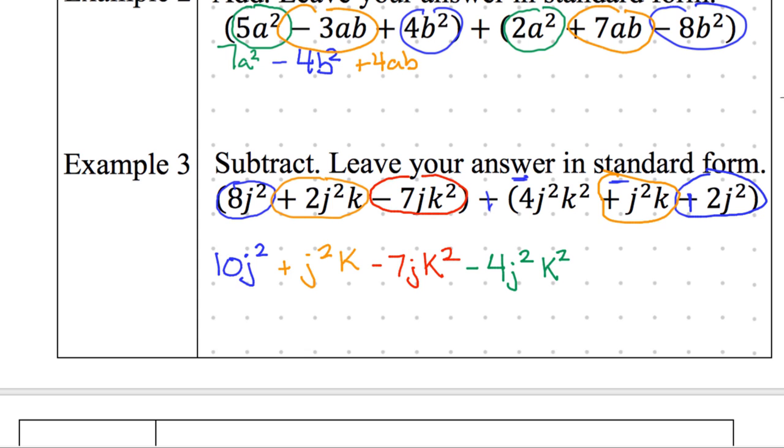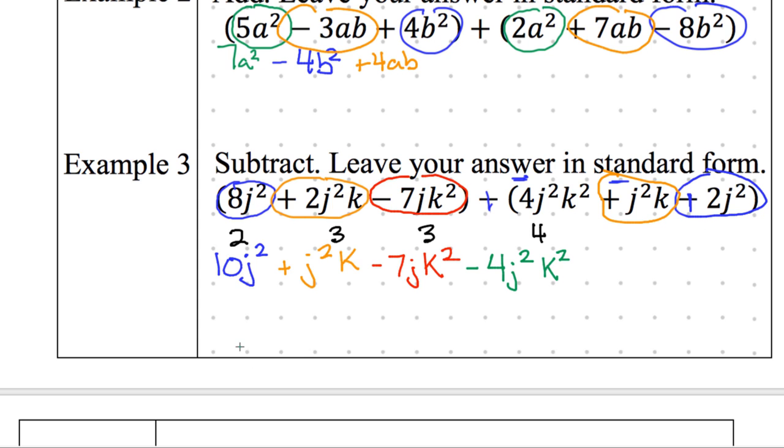Let's maybe first write the degree for each of these. What's the degree of 10J squared? 3. Is it 3 or 4? 3. And then this one. 4. All right. So help me write that in standard form now.